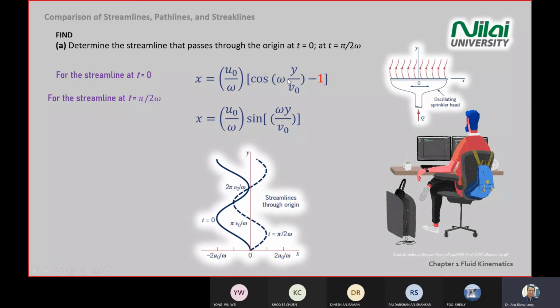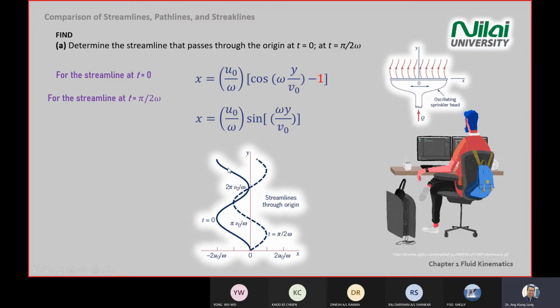When you see omega, it is always in terms of radian or pi, so you need to change into degrees so that you can get the normal trigonometry value. And in the second case also, u naught over omega is a constant value. Again, it can be positive or negative, but it's a full number. Then sine of something, you also need to change to a full number.